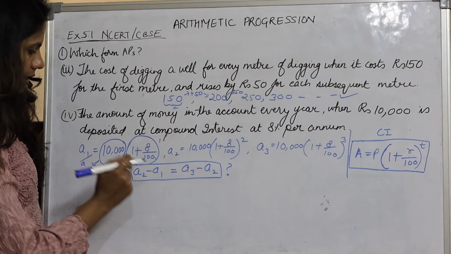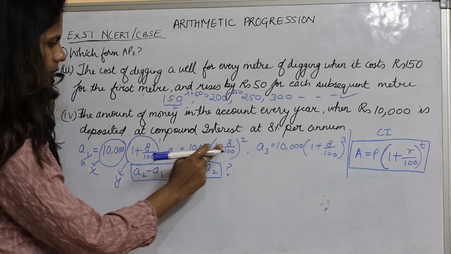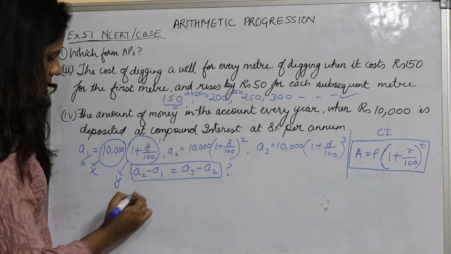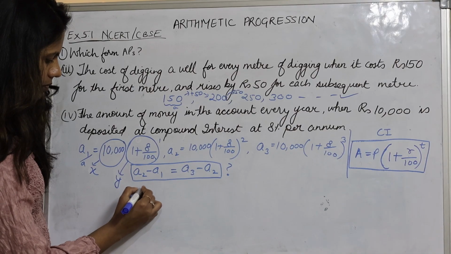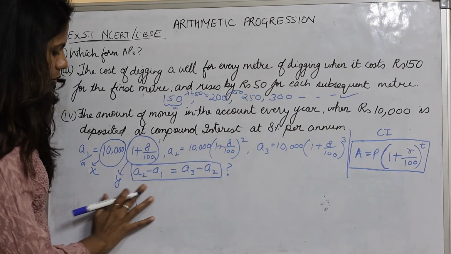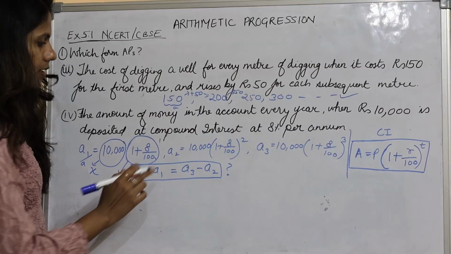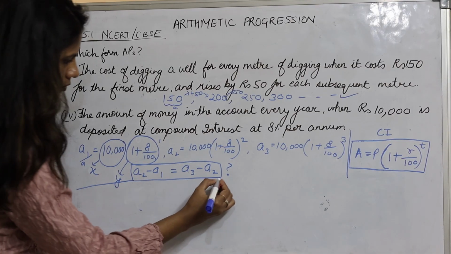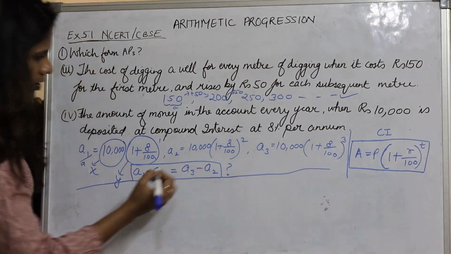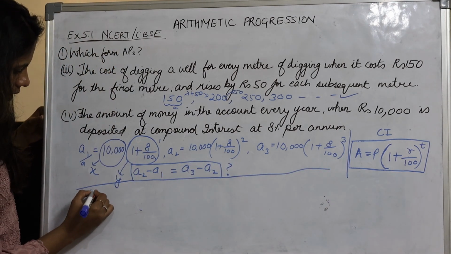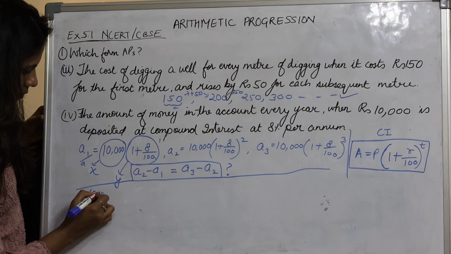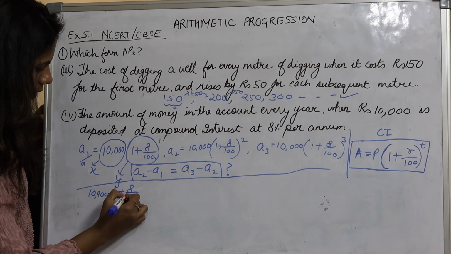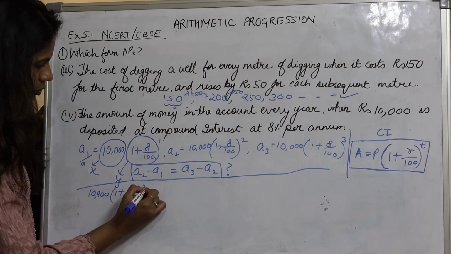Now A2 minus A1. Let's first take A2. So A2 is 10,000 times 1 plus 8 by 100 to the power 2.